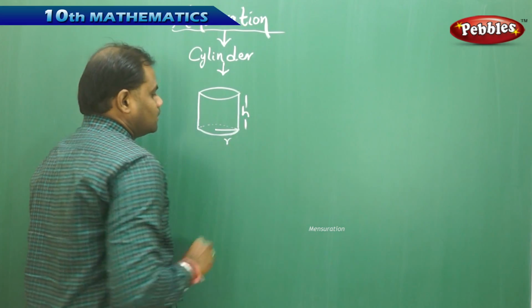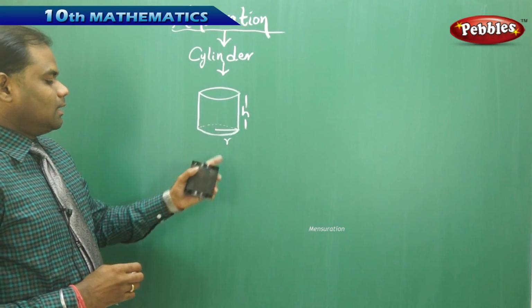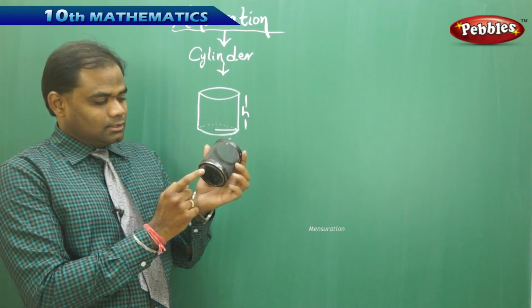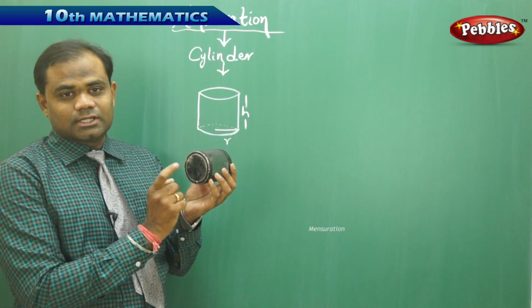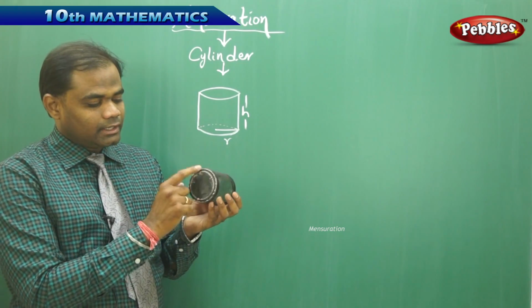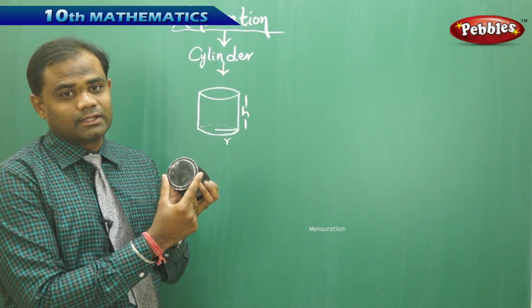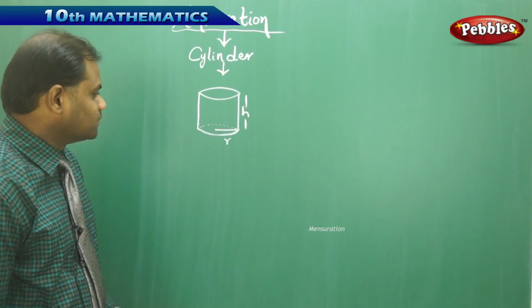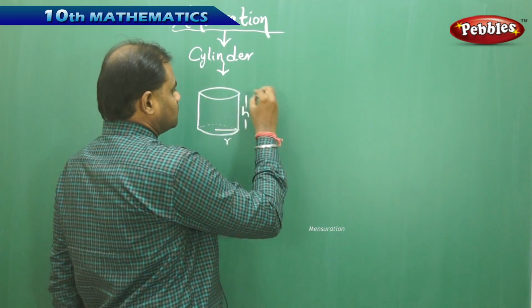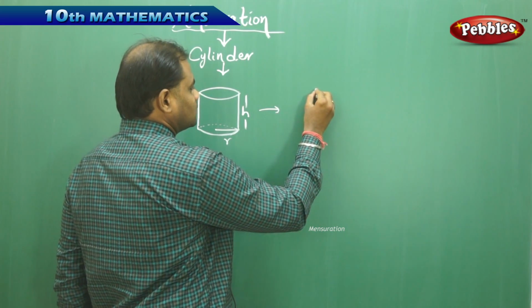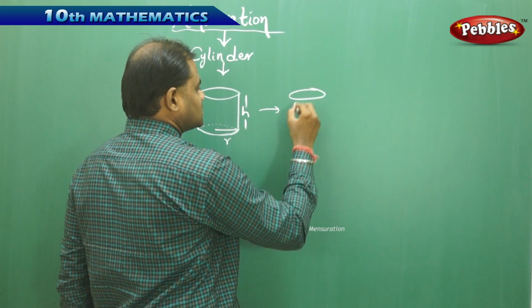Now, when I have the upper region which is a circle and the lower region which is a circle, the area of this circle is pi r squared. So initially let me start with the cylinder, where this is a circle.